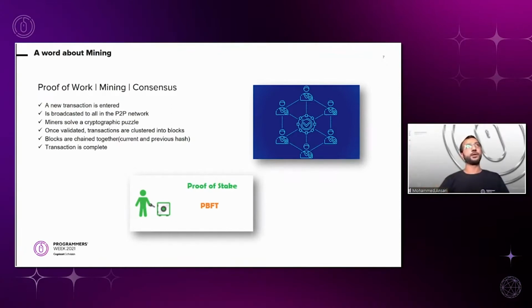The first computer to solve it is announced the winner and creates the block from all the transactions inside it. One block has multiple transactions. It then broadcasts that block to all the competitors in the network, and those people verify that block in one mathematical step.